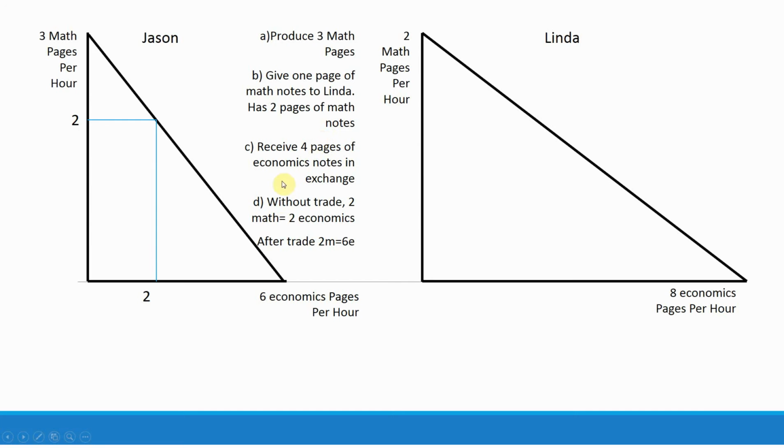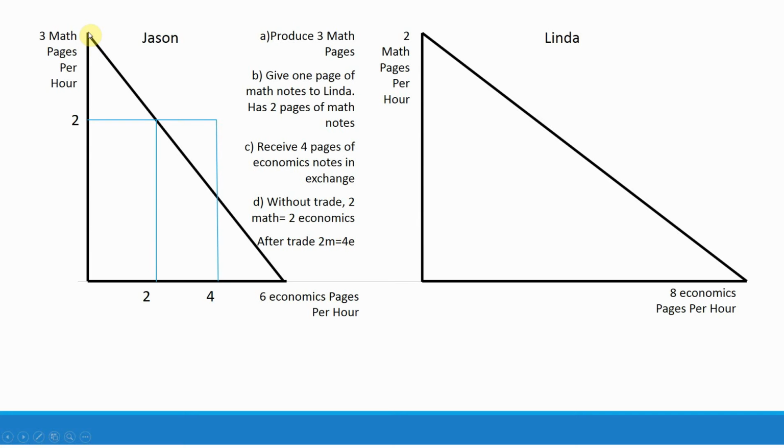So, in general, without trade, for every 2 pages of math notes, Jason can have 2 economics pages. Or after the trade, he can have 2 math notes and 4 economics notes.